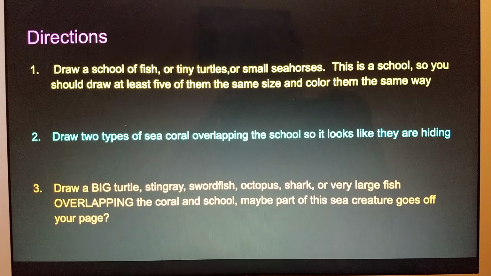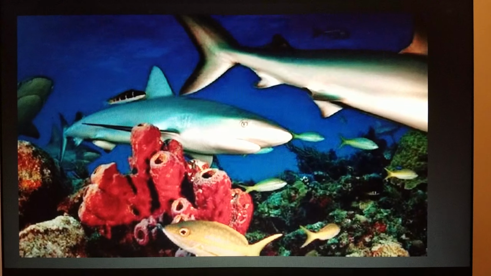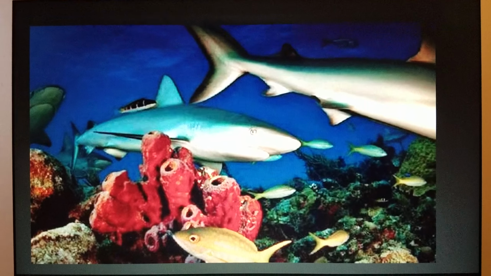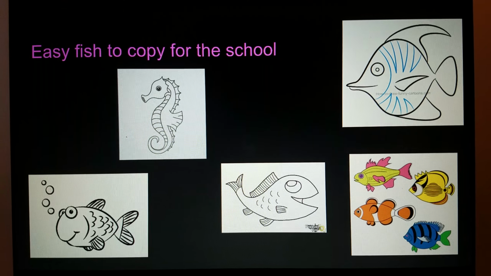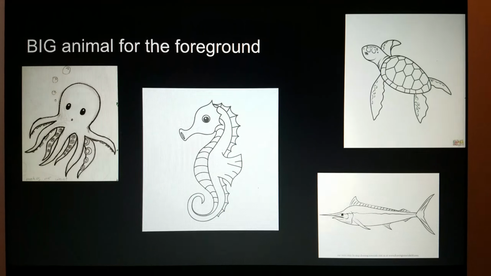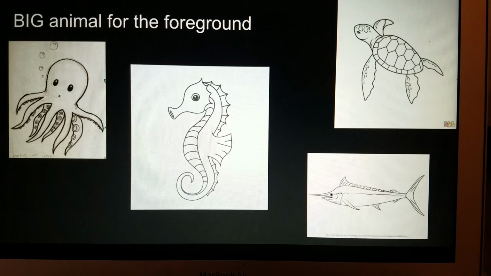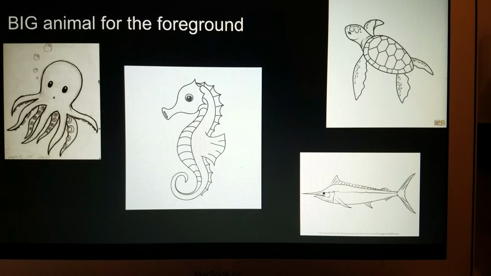So maybe part of that is going off the page, just like we see here with the shark. All right, so you've got your school of fish examples. You've got your coral examples. Here are some simple big animals for the foreground. Also, if you'd like to make the tiny turtles, you could just use this turtle as the example as well.